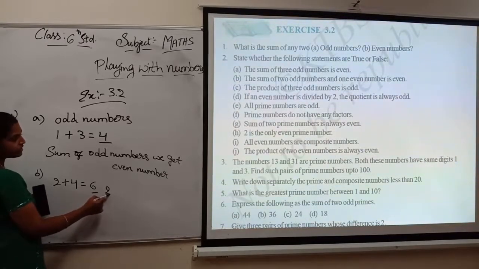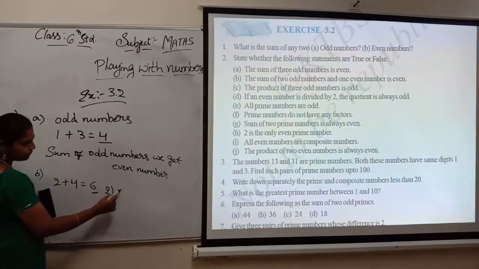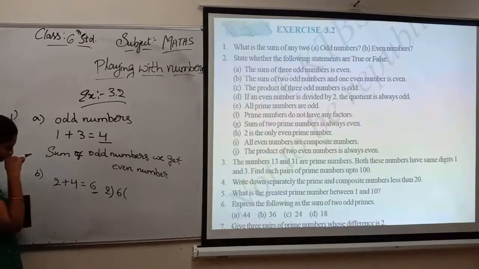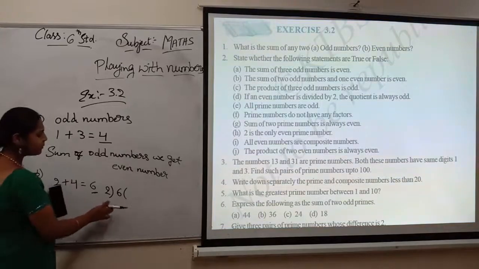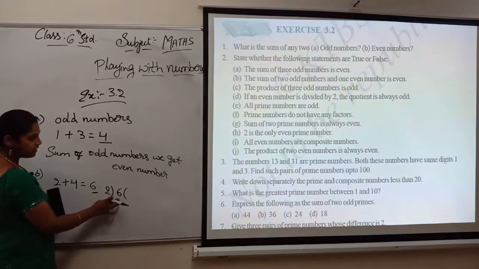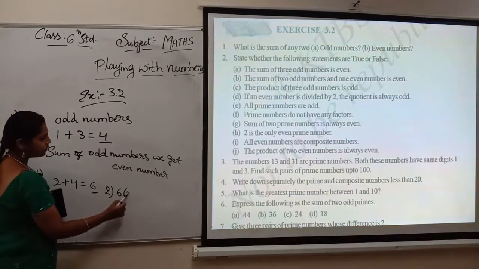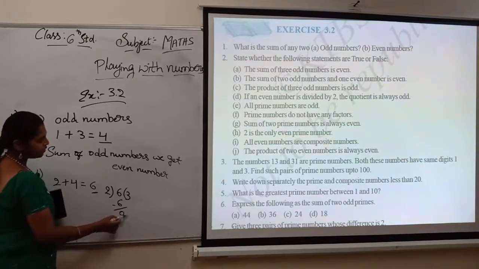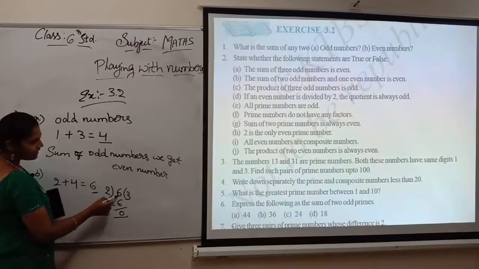We will check by definition. If the number is divided by 2 and you get 0 in the remainder, then we can say the given number is an even number. Okay, we will check: 2 3's are 6. If you do subtraction, 0. So 2 divides 6 exactly.